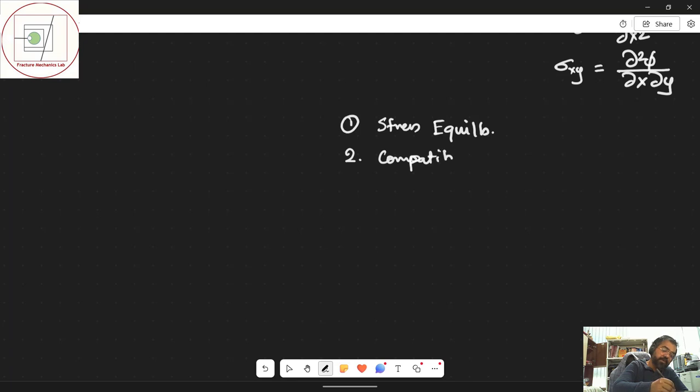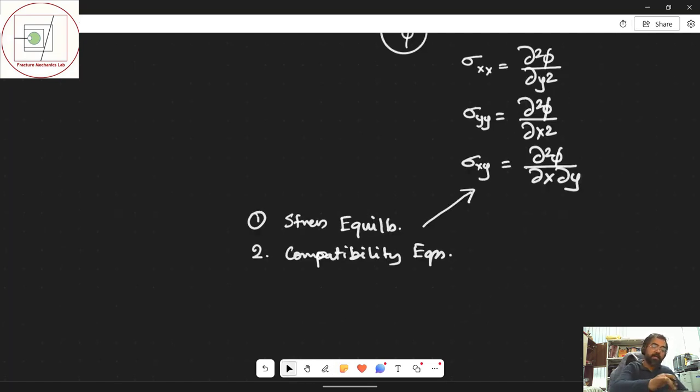Without going into detail, I'll tell you what the compatibility equation is, and both of them are described in a way. Stress equilibrium is already satisfied if the stresses are described by this relationship.